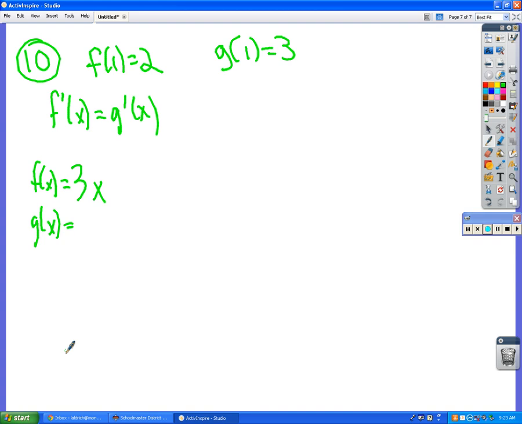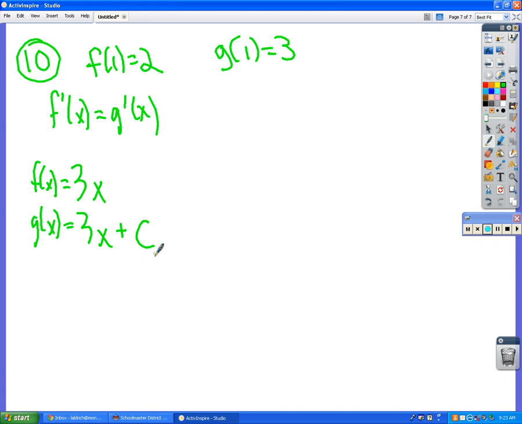There you go, 3x plus c. Nice. So if the derivatives are the same, you know that they're different by a constant value.